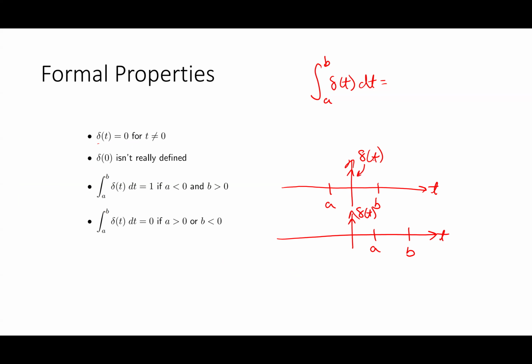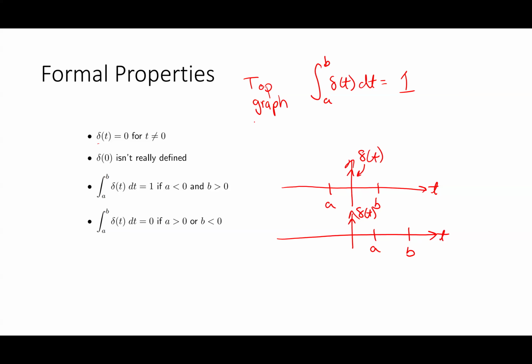So for the top graph, what would I say is the area between A and B using this definition? How much area is enclosed as I integrate from A to B? Well, the definition of the area under this is 1.